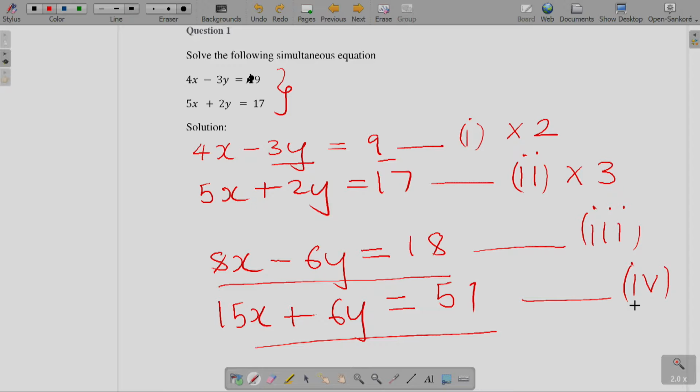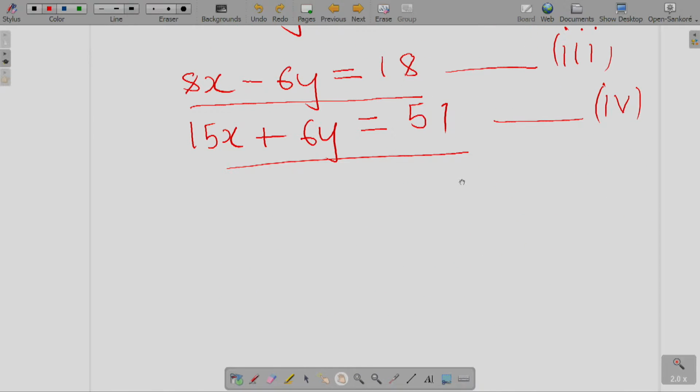So from these two equations, in order to remove the variable y, we need to add these two equations. So the following step is to add these two equations.